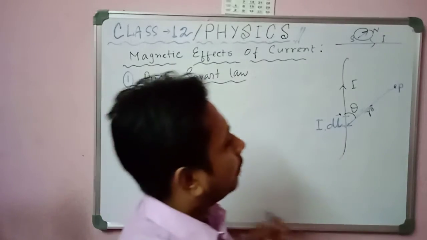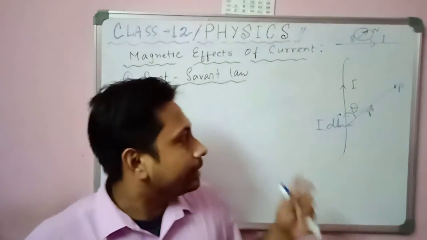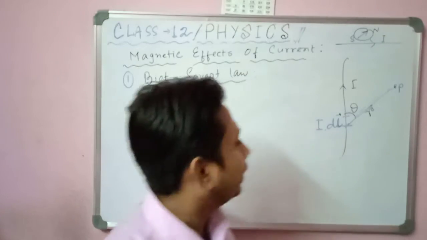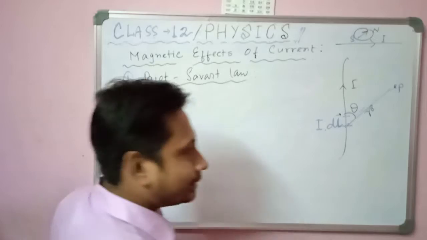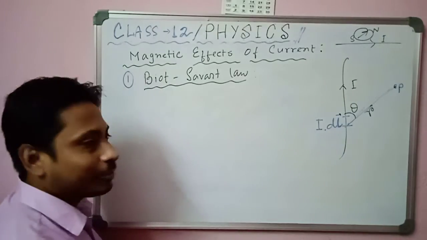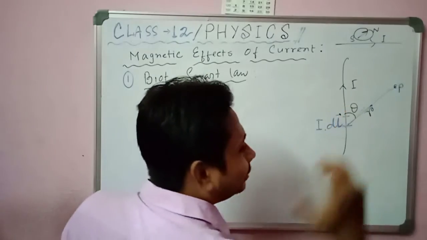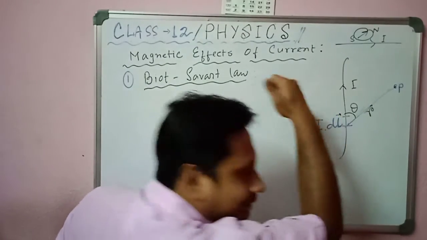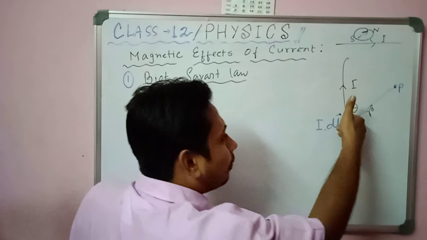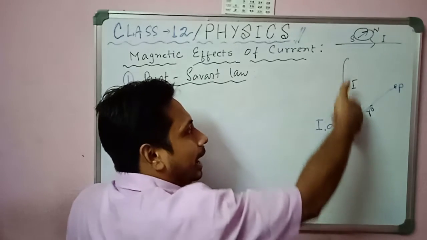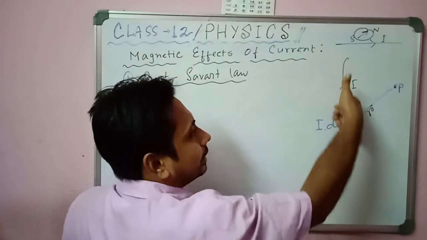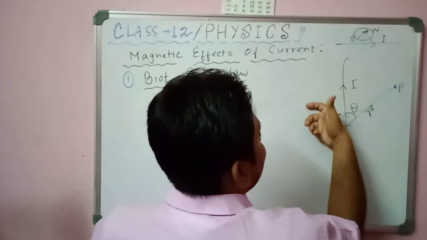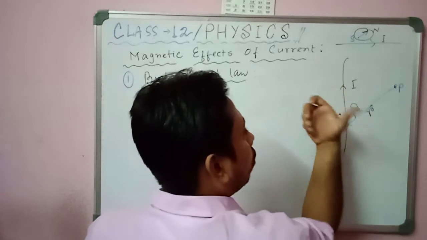Now students, first of all, we are going to find the direction of the magnetic field. For that, again we use the right hand. See, the right hand is a useful hand to us. Just think you are holding the wire like this. The thumb represents the direction of current, and the fingers on this side come out from the board.